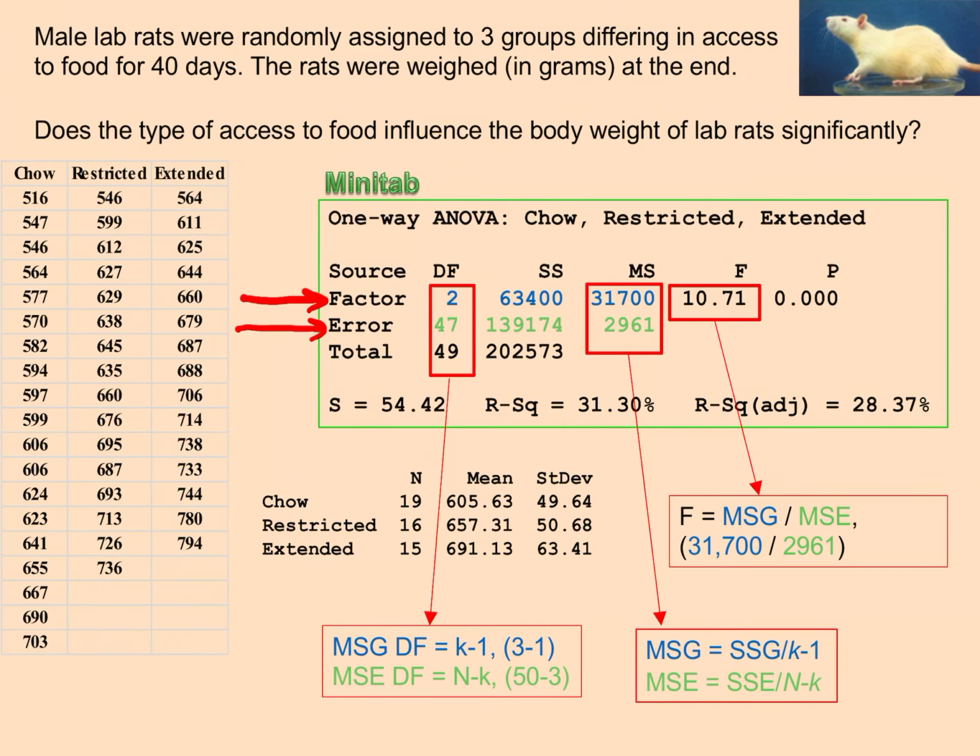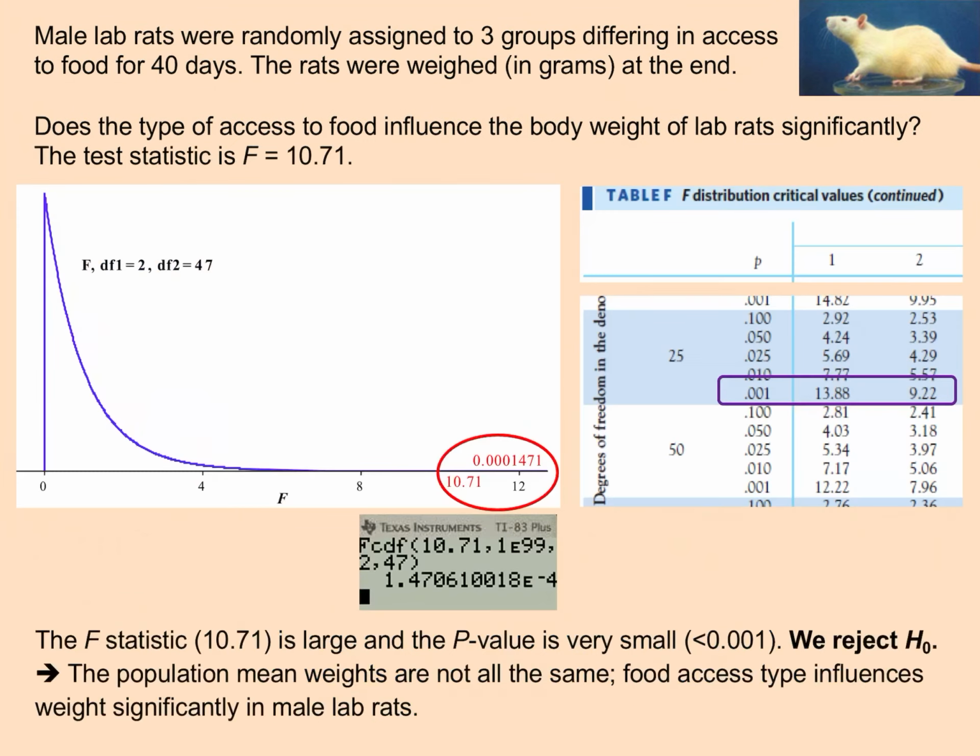That's why I have broken this down with the color coding, so that you know where all those numbers in the table come from. This final row for total, you can pretty much disregard. We don't really use that. You're only concerned about the factor and the error rows, or the groups and error rows. All right, so let's move on.